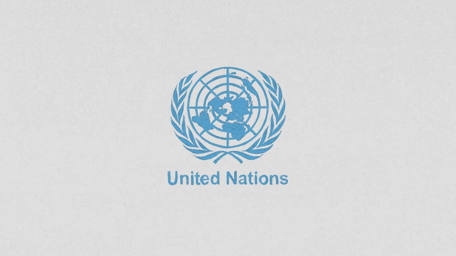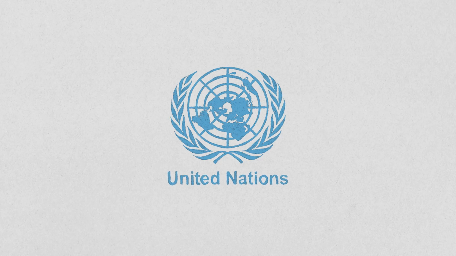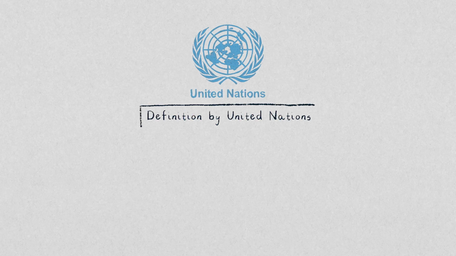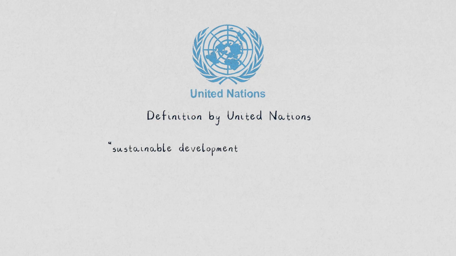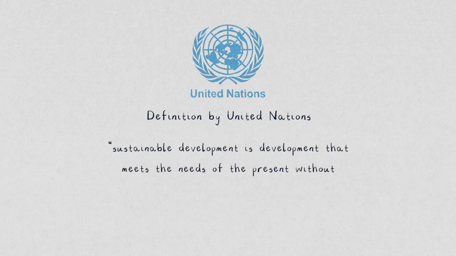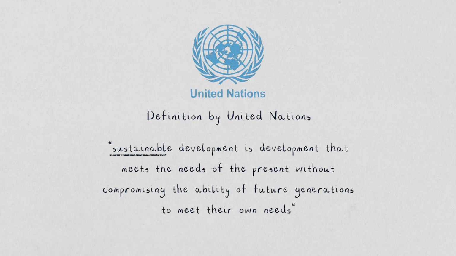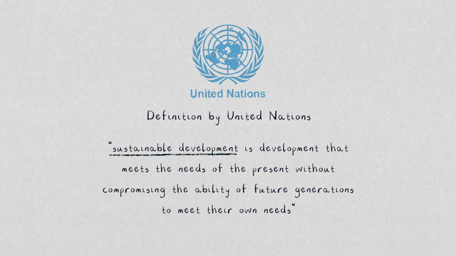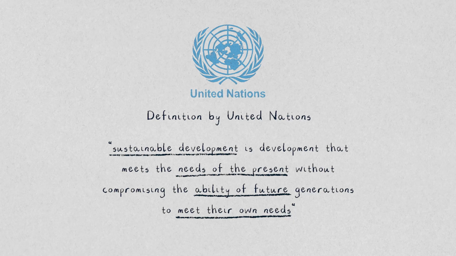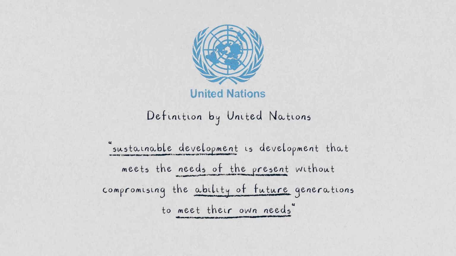An often quoted definition by the United Nations World Commission on Environment and Development says that sustainable development is development that meets the needs of the present without compromising the ability of future generations to meet their own needs. A definition so clear and universal that it is, as a guideline, applicable to a wide variety of subjects.